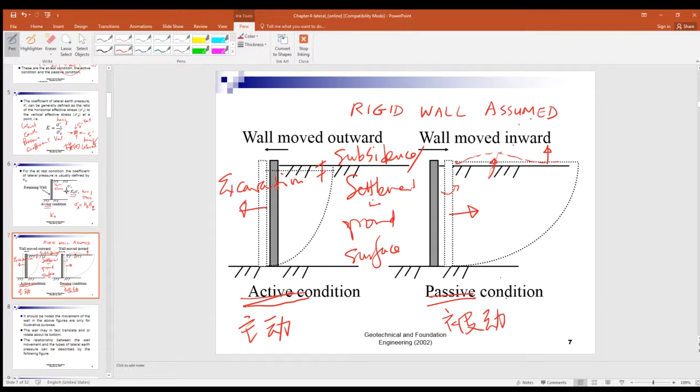There will be an increase in the level of the ground surface. So what we observe is not settlement, but upheaval. Upheaval means the ground surface is going up. It's completely the reverse of settlement. Settlement means the ground level goes down, and upheaval means the ground level goes up.